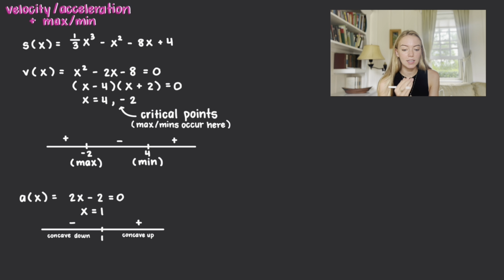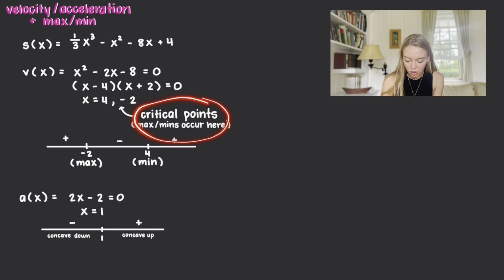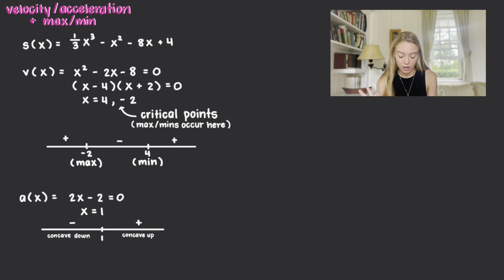Okay, so the next thing that they can ask you is, what inflection points does this function have? An inflection point is kind of like the critical point, except of the acceleration part of everything. But it can only happen if these signs are different.